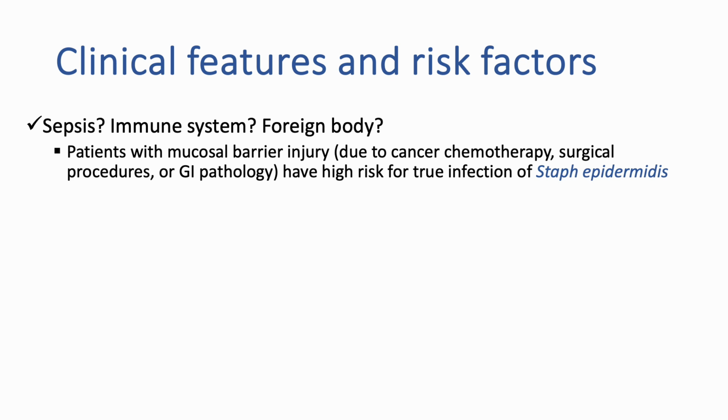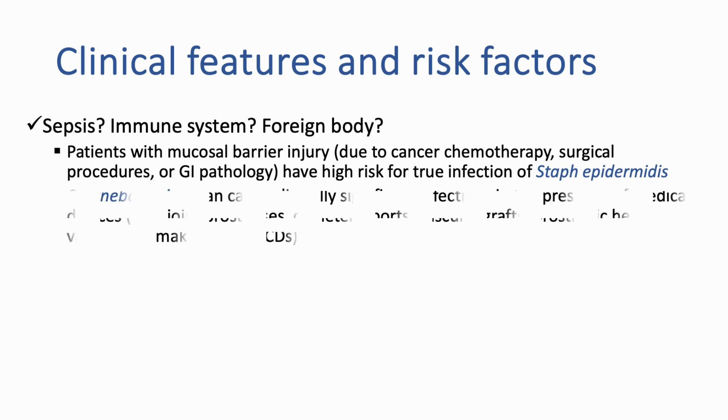If a healthy individual has Staph epidermidis in the blood and doesn't look septic, it's probably not a true bacteremia. But in patients with high risk factors like these, you need to consider the possibility of a true bacteremia, even if the organism is a Staph epidermidis.